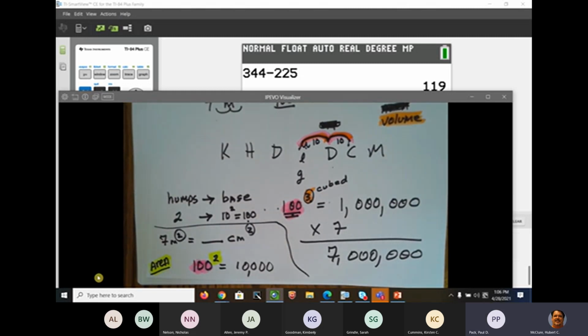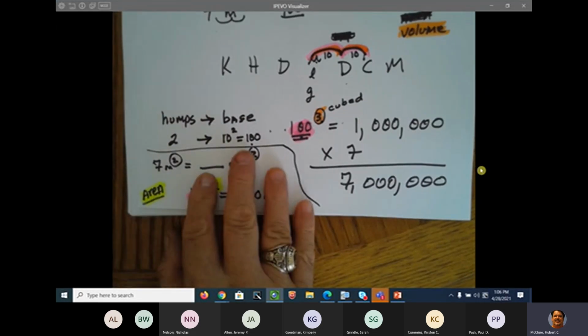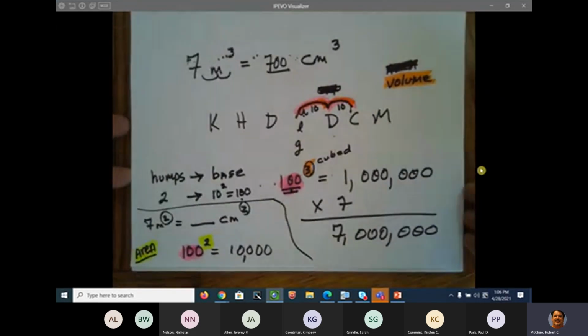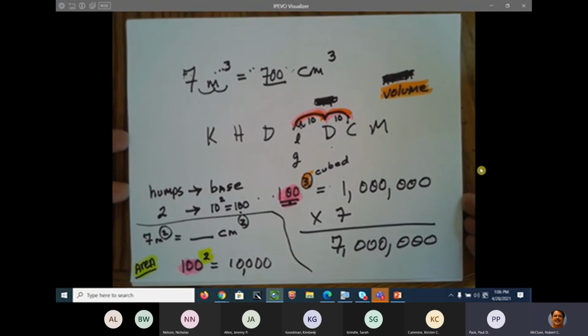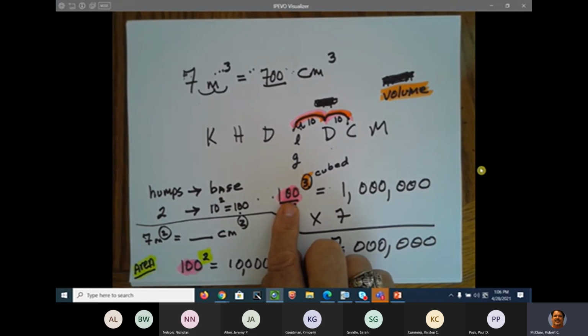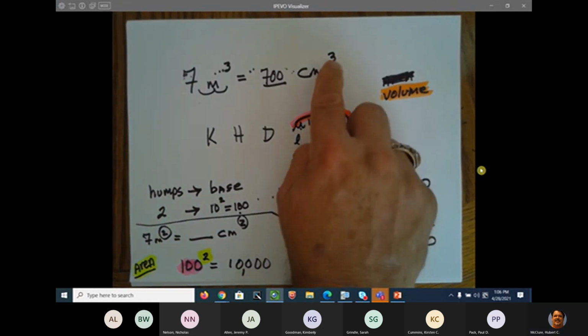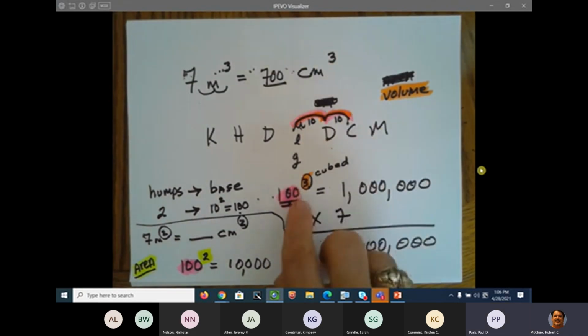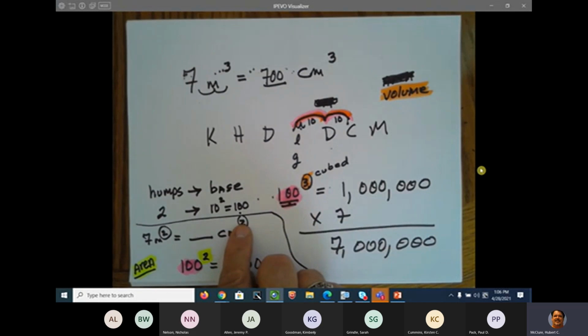Hopefully that helps you, because that's probably the most challenging of 7.2. This is the most challenging question because you got to do two things. You do your humps, and that's 10 times 10, which will give you your base. Then if it's a volume, you cube it, and if it's an area, you square it.